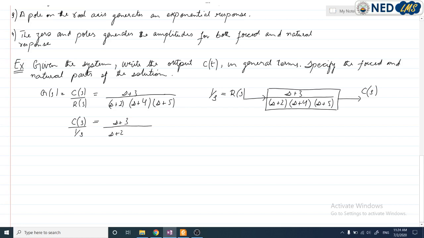So this is the transfer function, s plus 2, s plus 4 and s plus 5. Now this value will be cross multiplied over here. It will look like this.